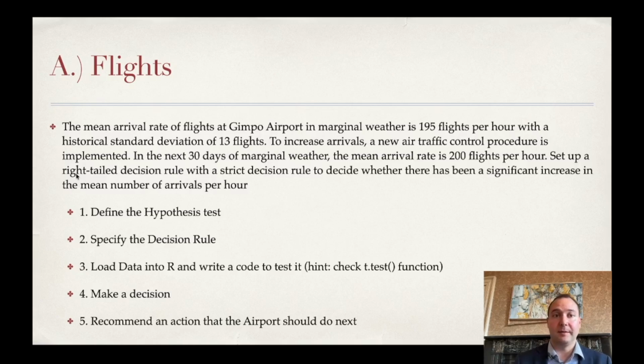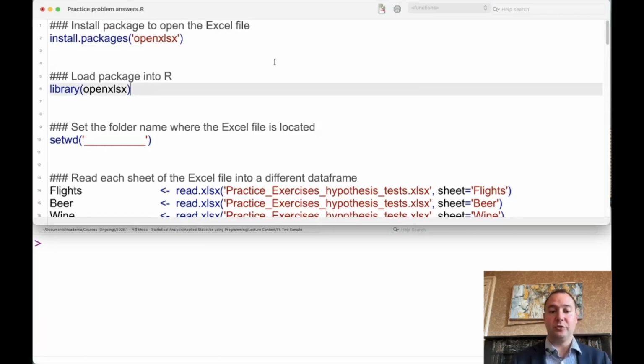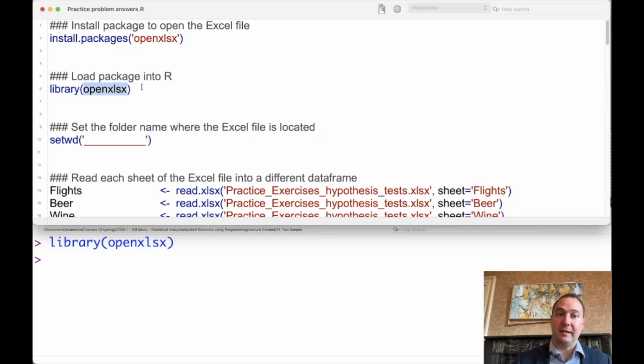Okay, so in this file, I'm going to load the library OpenXLSX. If you haven't installed OpenXLSX, then you should first install the package onto your computer.